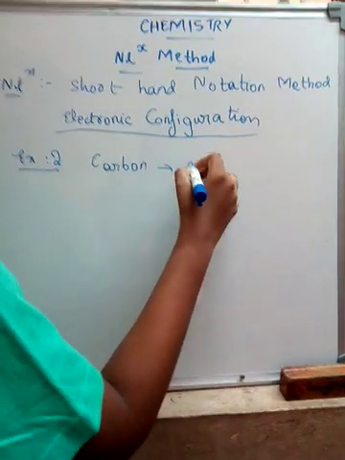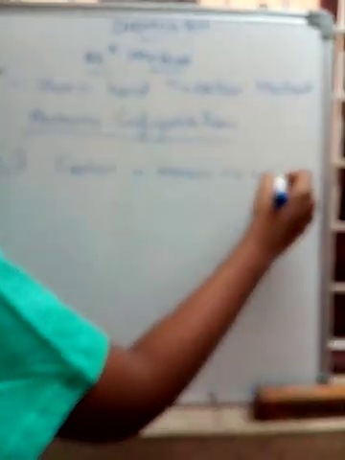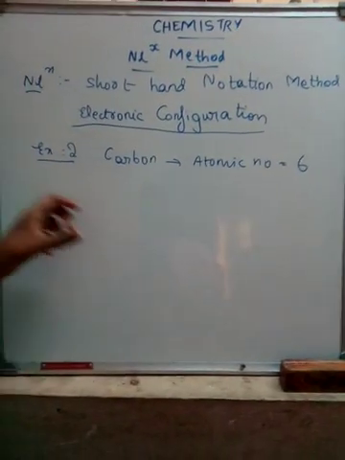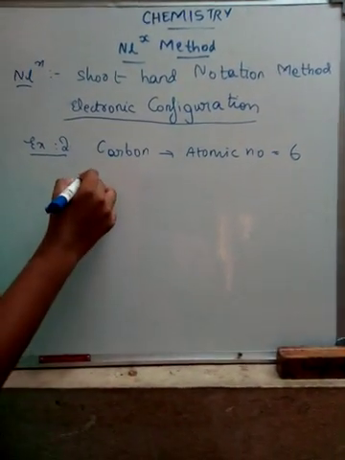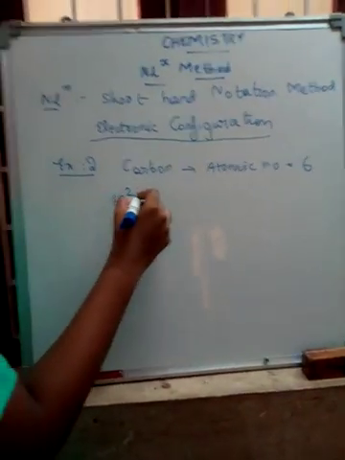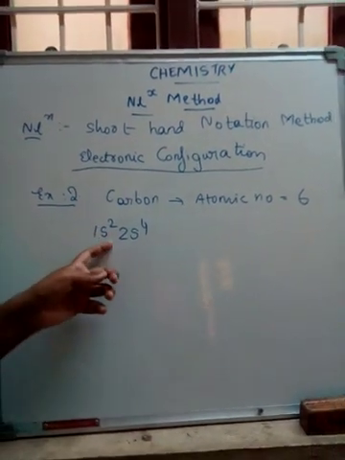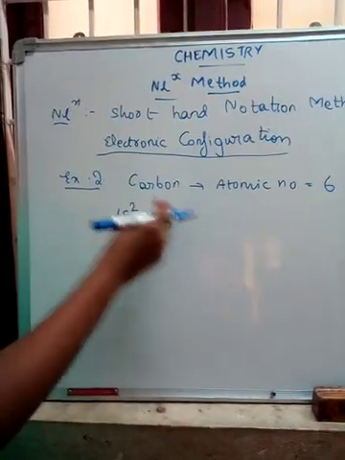The atomic number of carbon is 6. So the electronic configuration will be 1s2, 2s4. This is the electronic configuration for carbon, 1s2, 2s4.